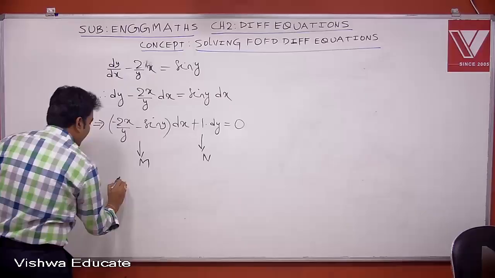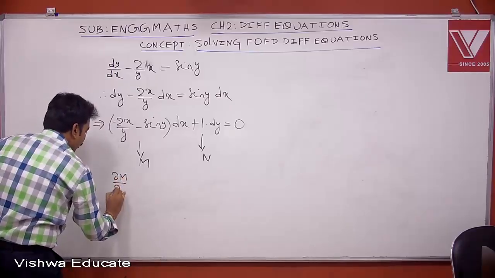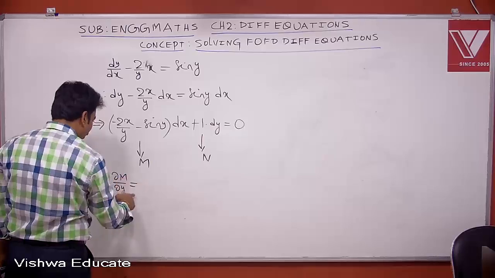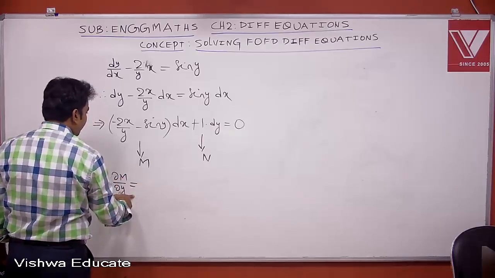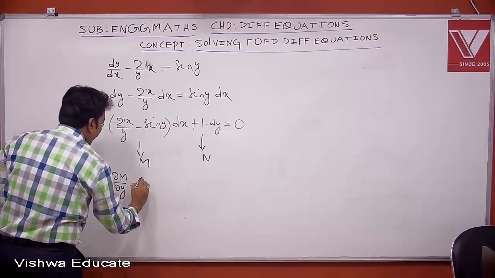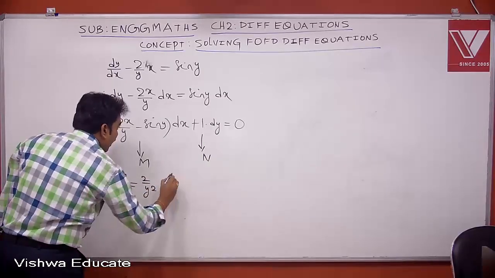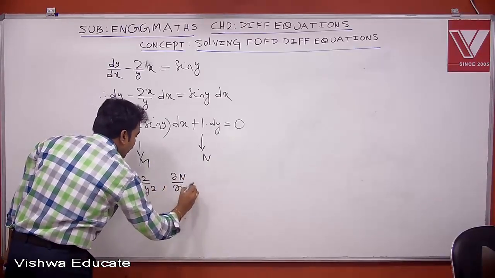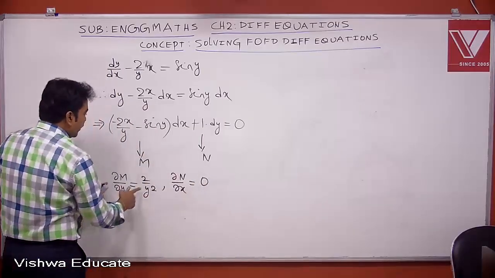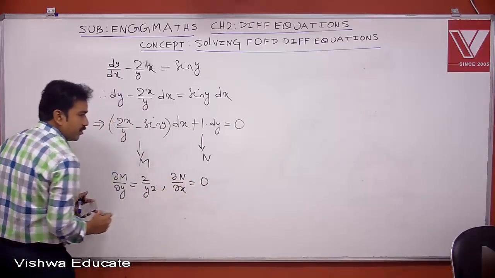N is 1. Let us calculate the two partial derivatives. Dou M by dou y is 2 by y square, and dou N by dou x equal to 0. So both are different quantities, so it is a non-exact equation.